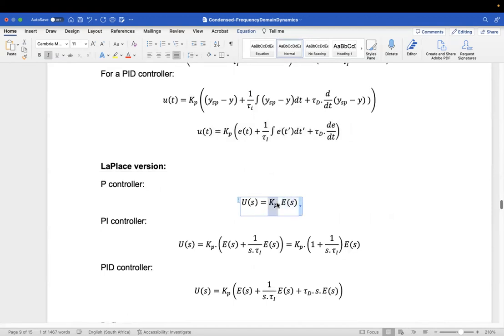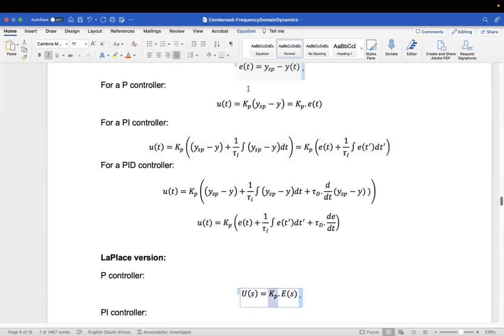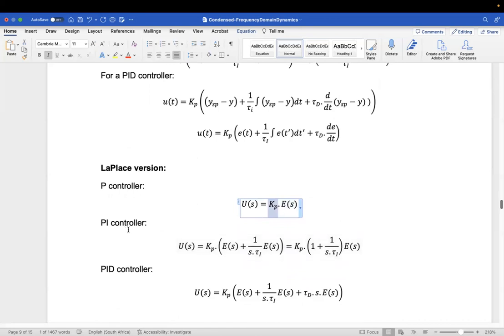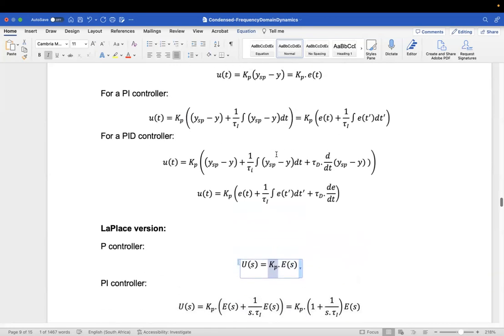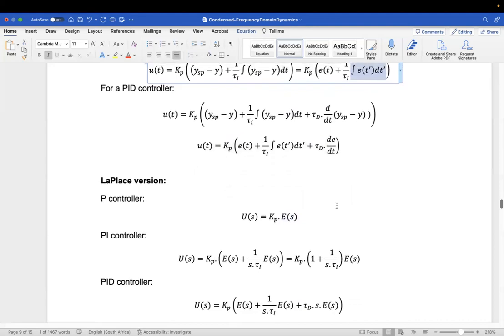So for the proportional part, that's simply going to be KP times E of S. For the PI controller, it's going to be E of S, and now we've got this integral. As we showed last time, the integral part will take a 1 over s times the function itself.